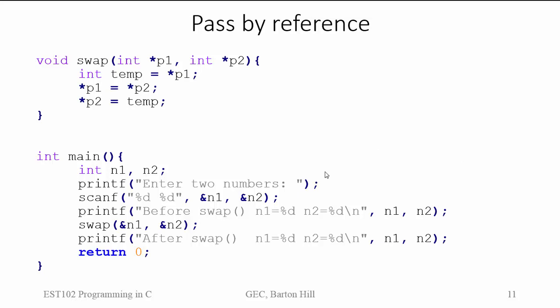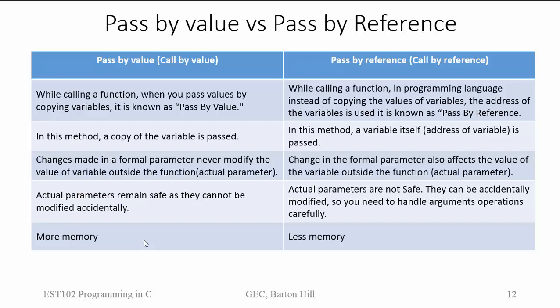Since we are using pointers, any change made in the formal parameters will affect the actual parameters. So remember that. Now we will see some differences between pass by value and pass by reference.